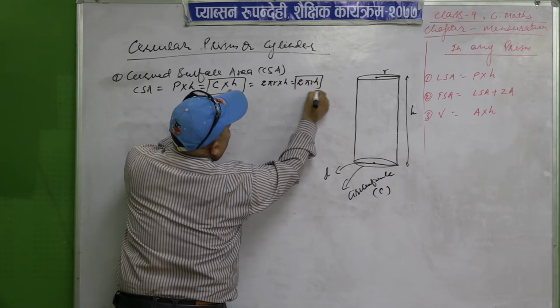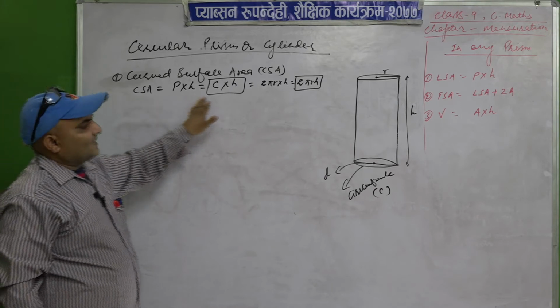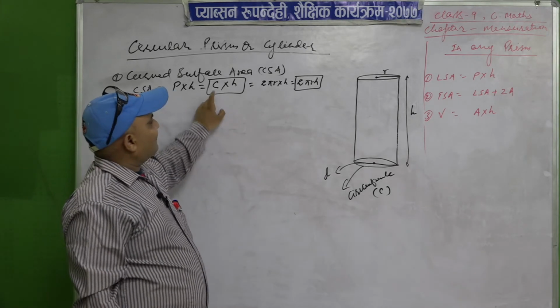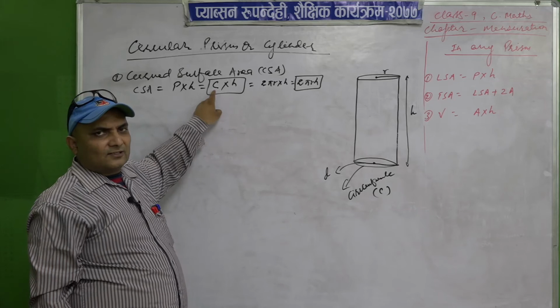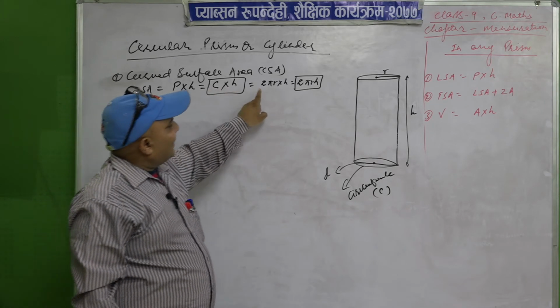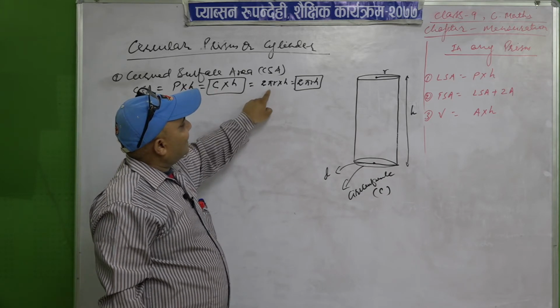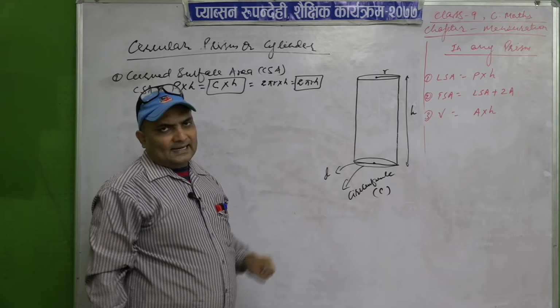This is also a formula for the curved surface area of the cylinder. First one is C into h, circumference of the base and the height of the prism. And if you put the value of circumference, that is 2 pi r, then it will be 2 pi r h.